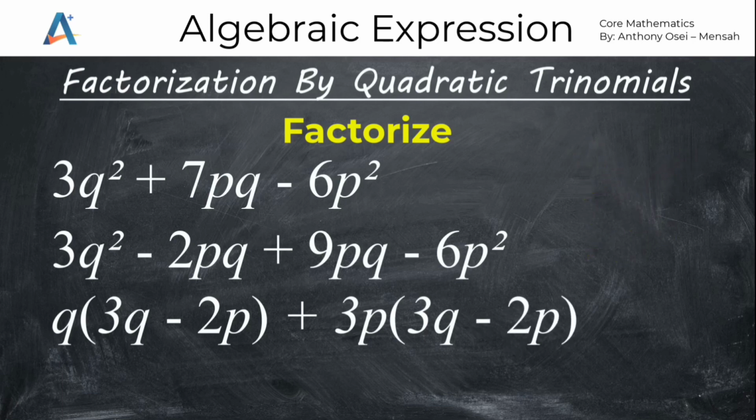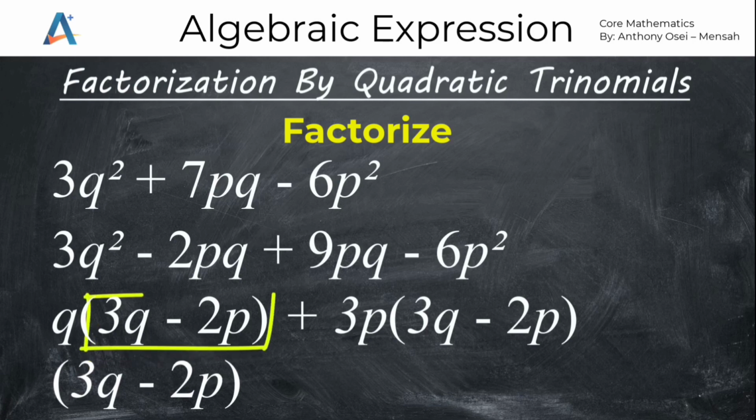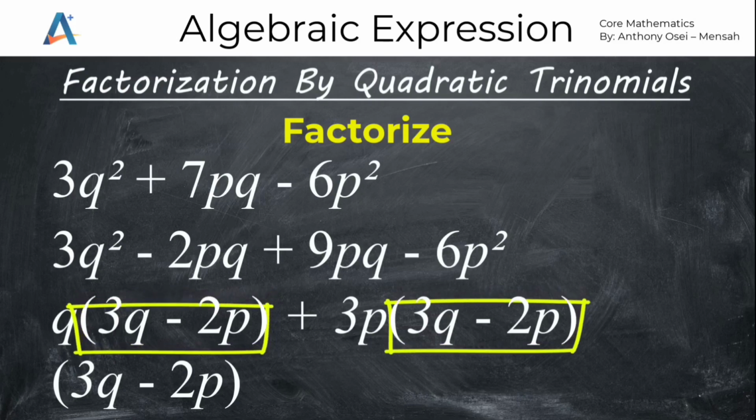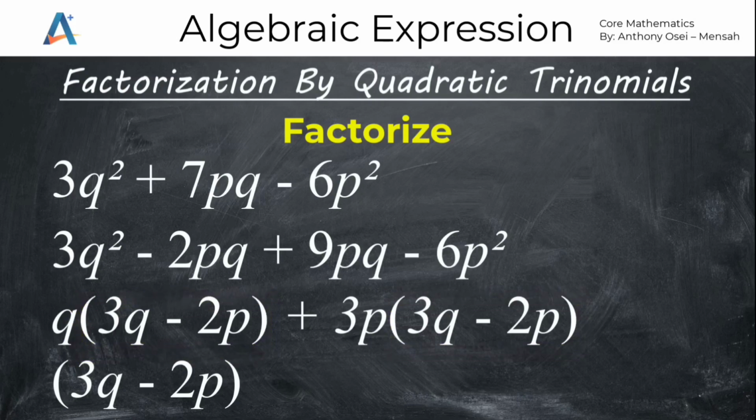Now let us factorize the final expression. We have 3q minus 2p in one bracket and 3q minus 2p in the other bracket. So the terms in the brackets are the same. Since 3q minus 2p is the same, we factorize it into one bracket, then pretend that the two of them are no longer there.